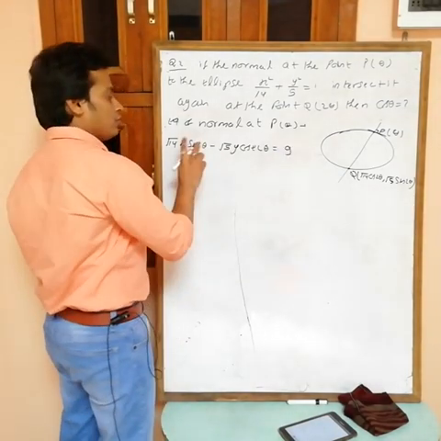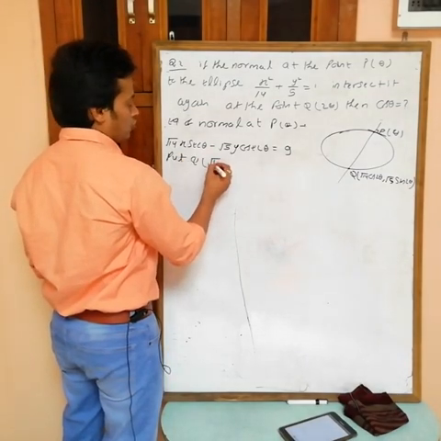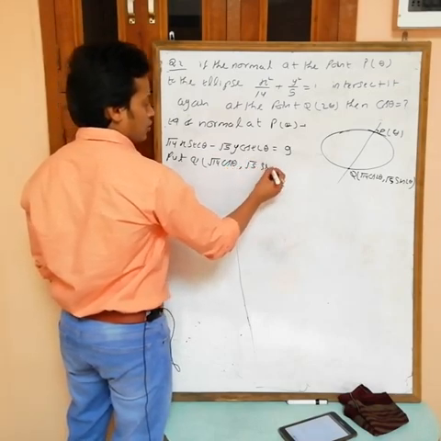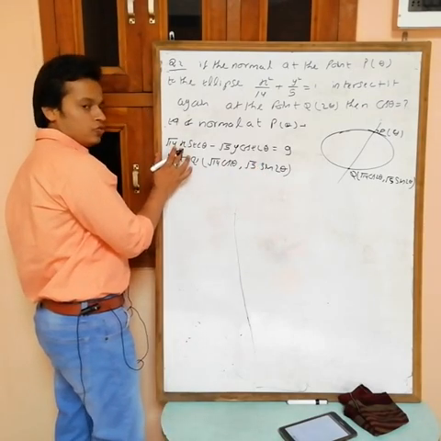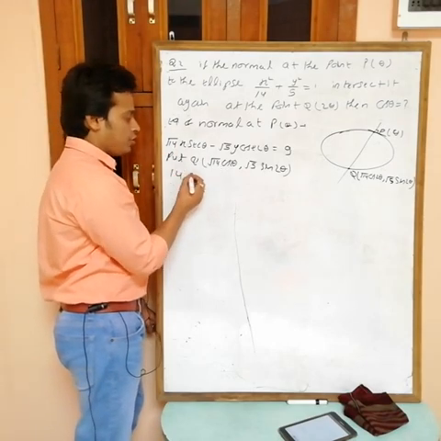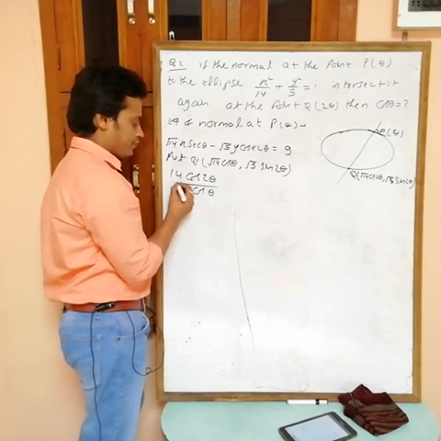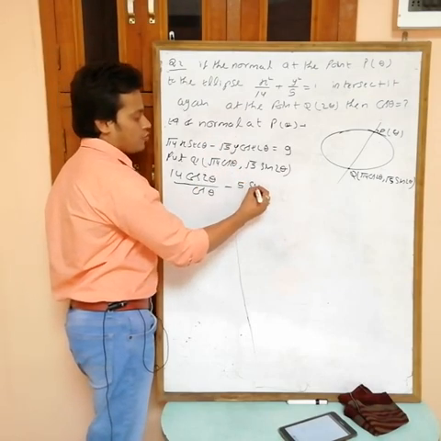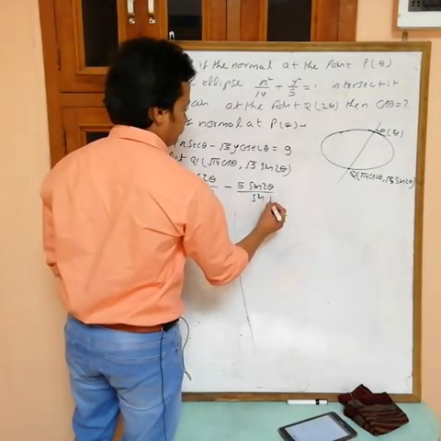Okay, now this passes through Q, so put Q as root 14 cos 2 theta, comma root 5 sin 2 theta. In place of x put root 14 cos 2 theta, and sec in the denominator becomes cos theta. After that, 5 sin 2 theta, and cosec in the denominator becomes sin theta.